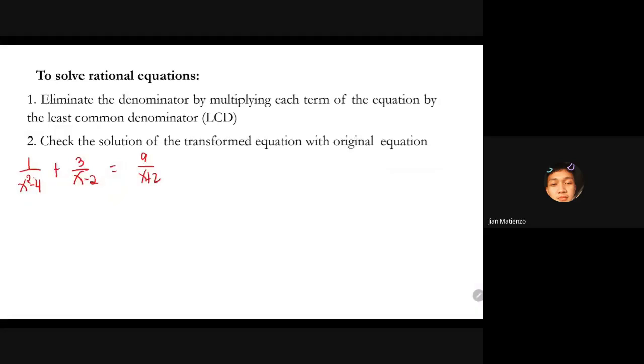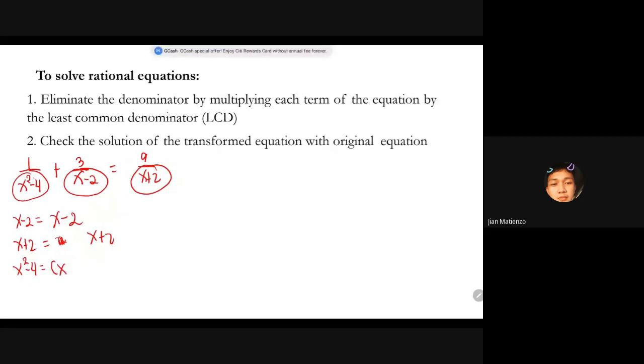So the LCD, which is the least common denominator, will be needing here the denominator only. So you have to factor x minus 2, but since x minus 2 is no longer factorable, that will be x minus 2. Since x plus 2 can no longer be factored out, we are going to leave that as x plus 2. However, x squared minus 4 can be simplified as x minus 2 and then x plus 2.